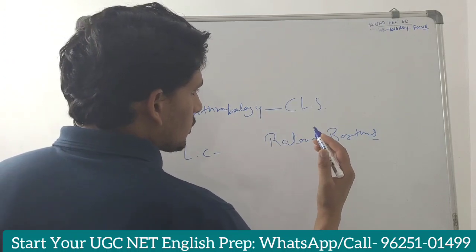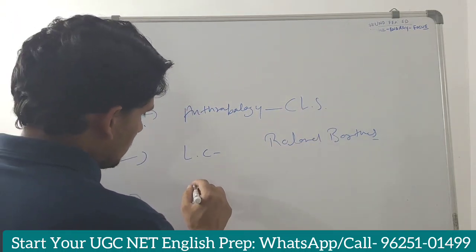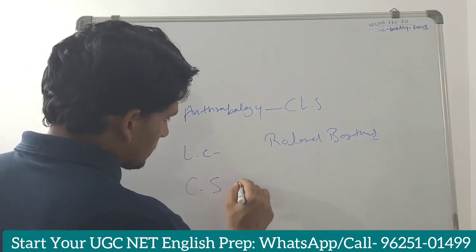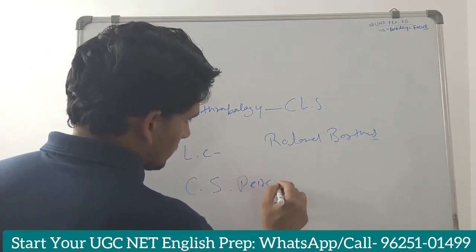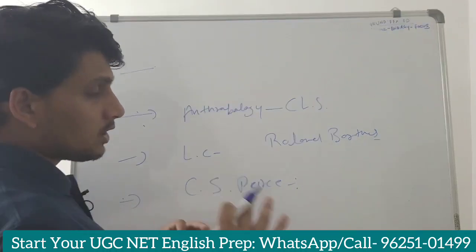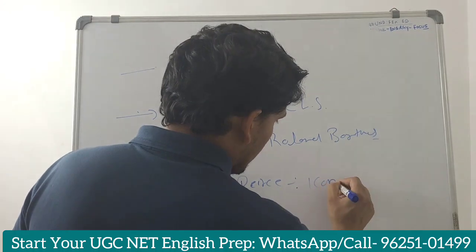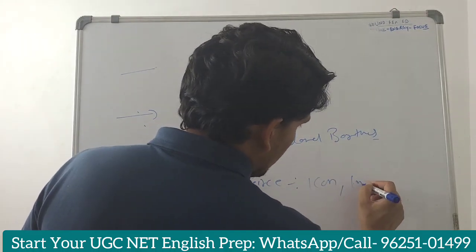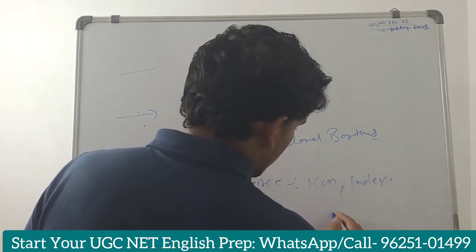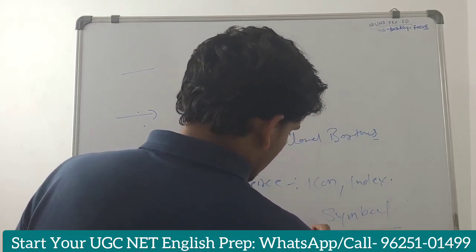So after Roland Barthes, we have here the semiotician Charles Sanders Peirce. Right? He has made a distinction between the three concepts that he has propounded here, which are icon, index, and symbol. Right?